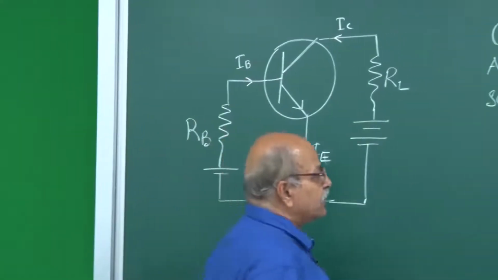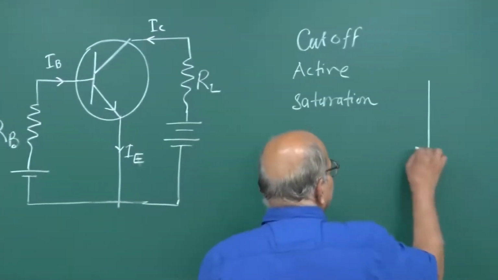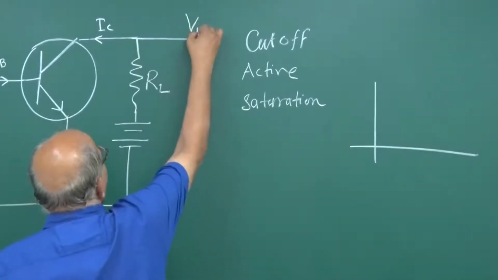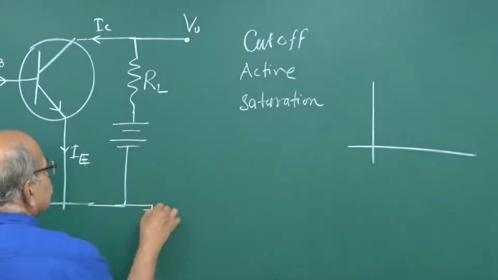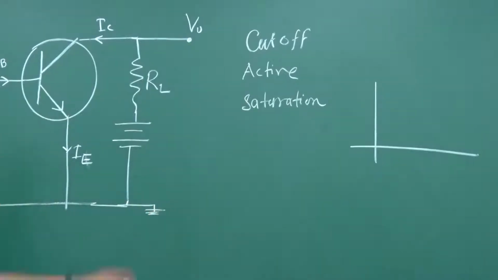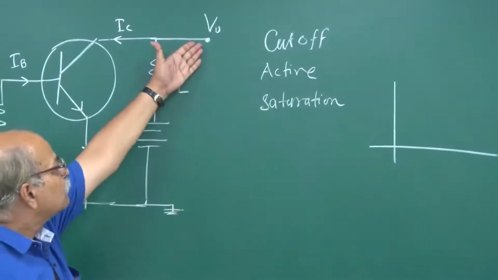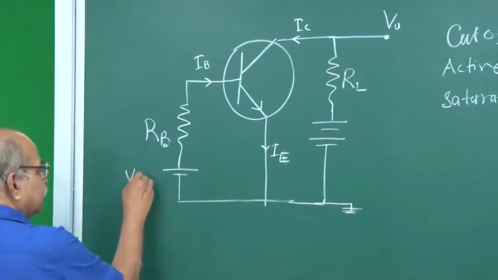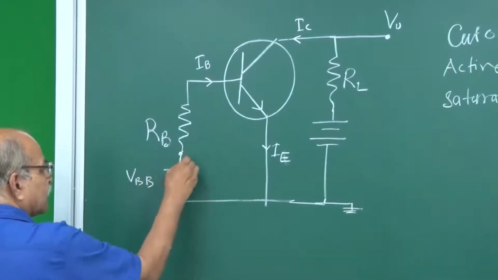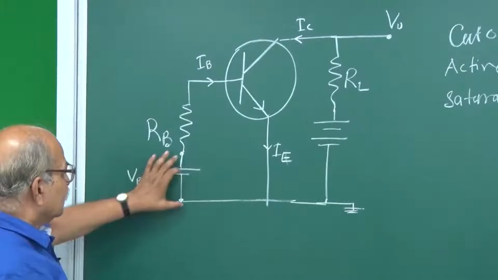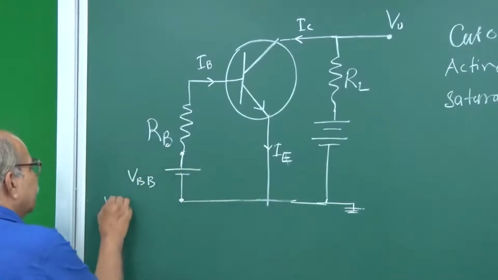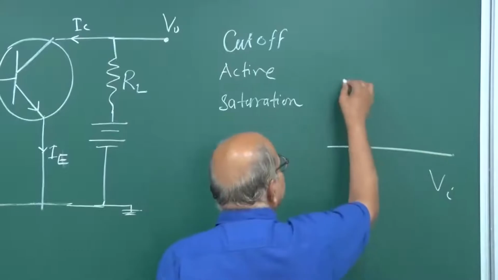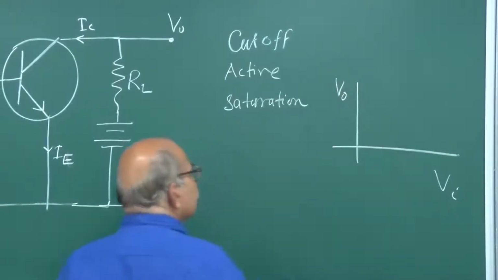So, if you draw a graph of say output voltage, this is our output voltage VO, this is 0 voltage, ground which we call. So, if you draw graph between this output voltage here and this input voltage here that you are applying, VBB, which you can call VI, input volt. So, if you plot this graph here, what happens?